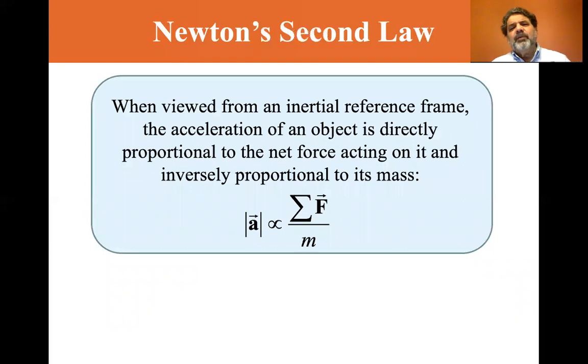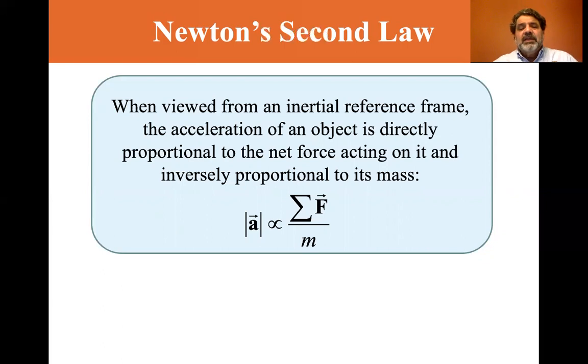When viewed from an inertial reference frame, the acceleration of an object is directly proportional to the net force acting on it and inversely proportional to its mass. That's the little squiggly line, the proportionality symbol.